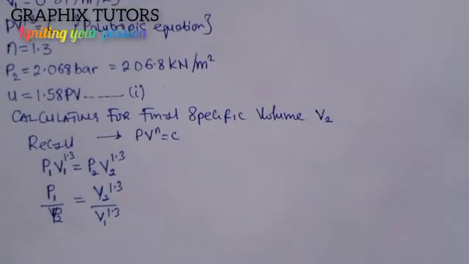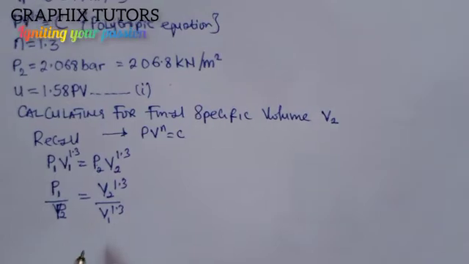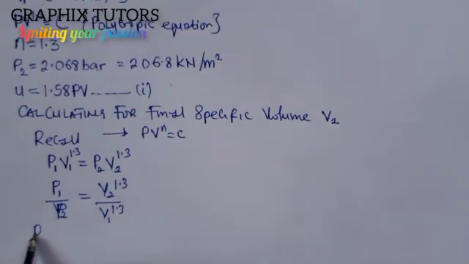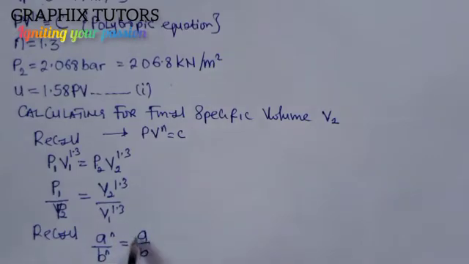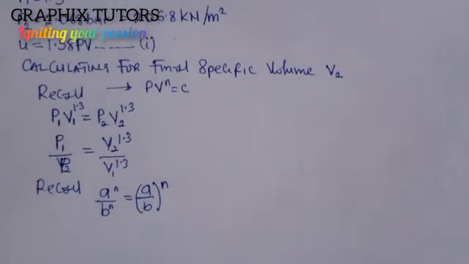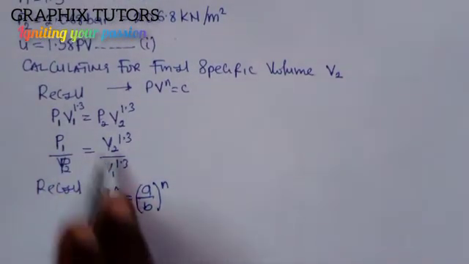So we'll move forward. Now in your mathematics, recall that if I have A over B to the power of n, it's going to give us A^n over B^n. So I'm applying it to this relation here.